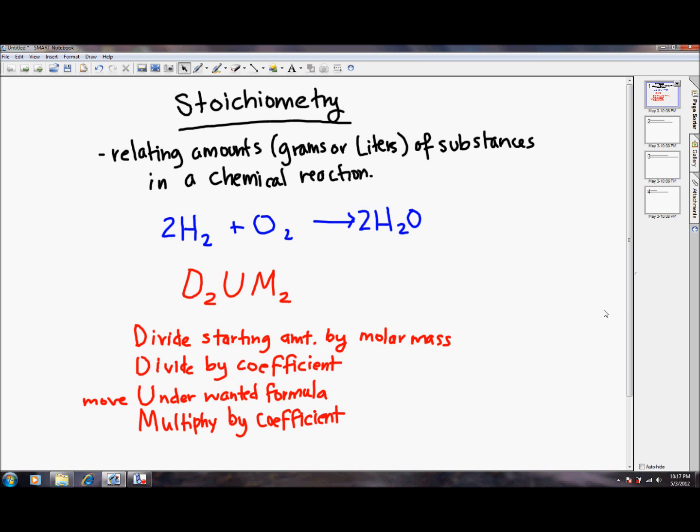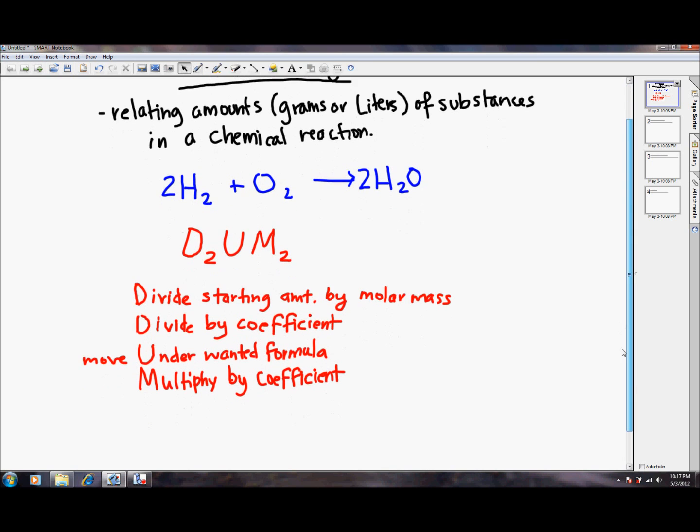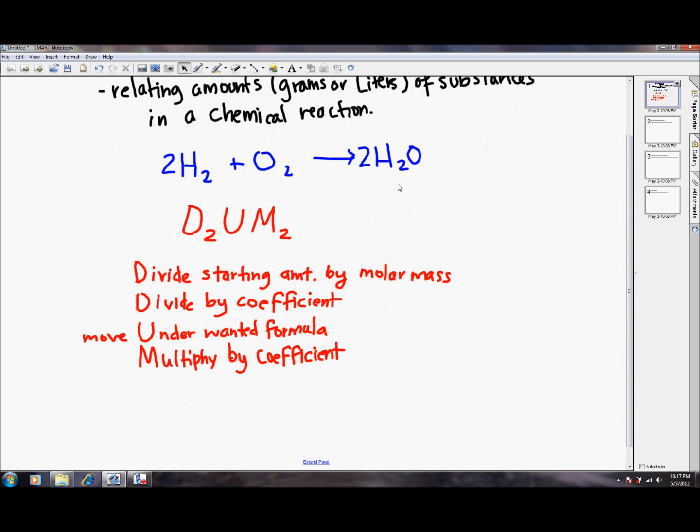So now we're going to multiply by a coefficient, but it's going to be a different coefficient because we're going to switch from talking about one thing to talking about something else. And the second M is multiply by molar mass.